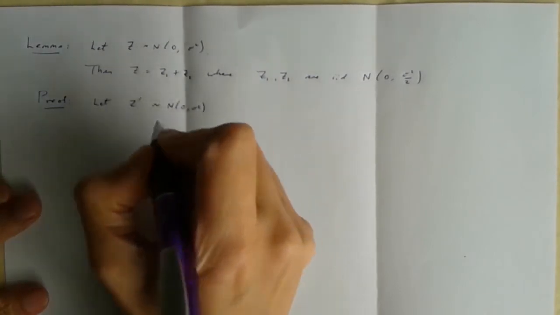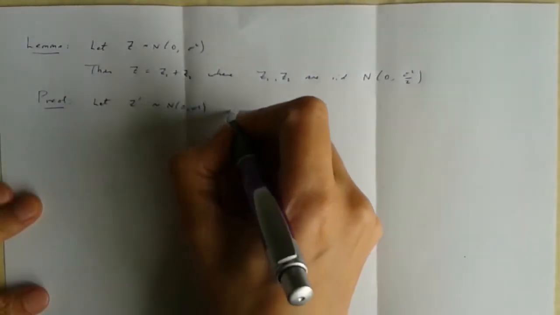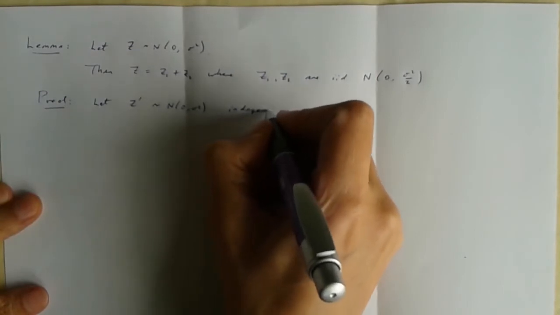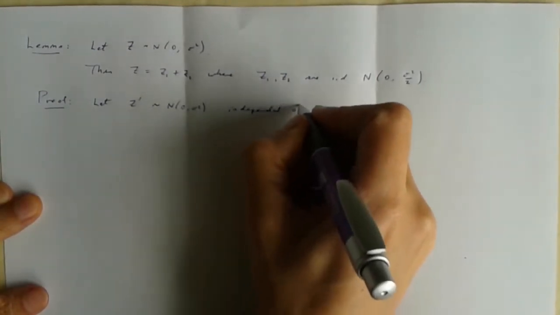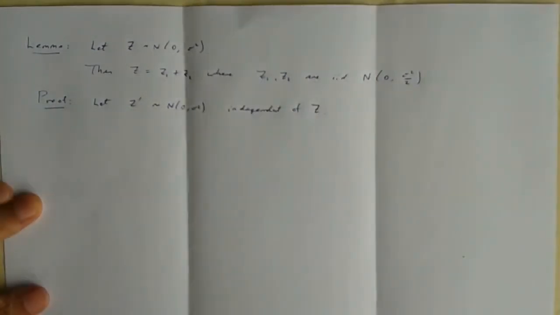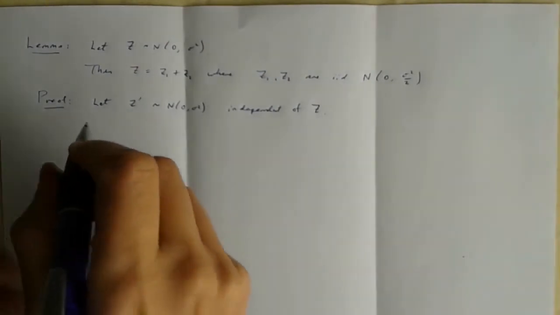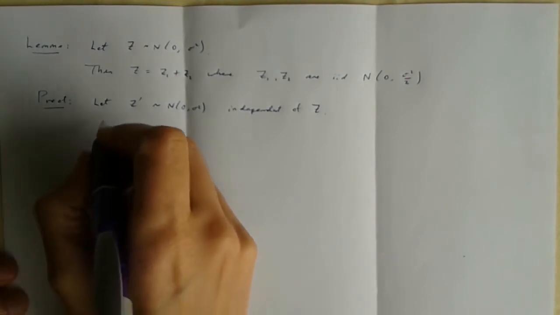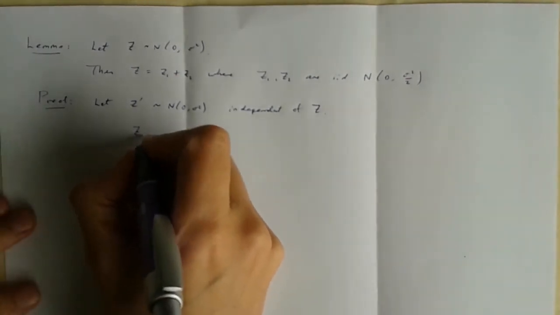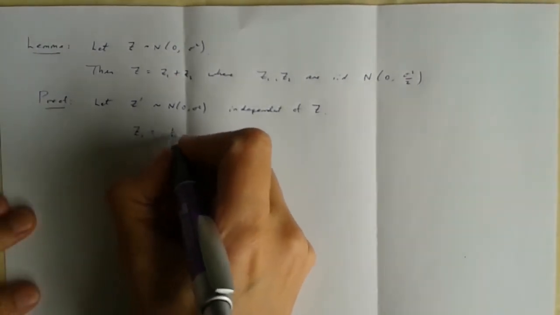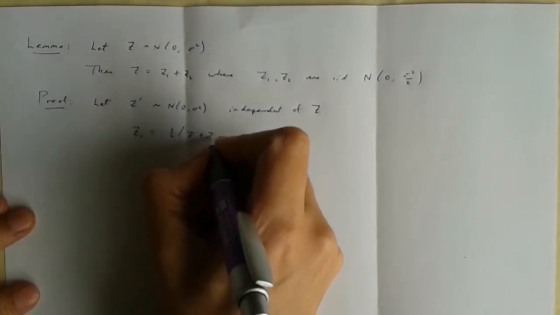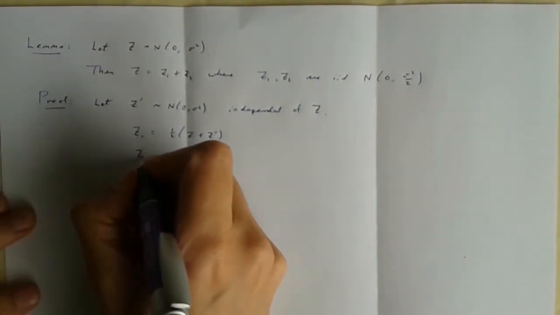It's going to be normal 0, sigma squared and independent of Z. So now we've got two random variables, Z and Z prime, independent and both with this distribution. And now we just do this.